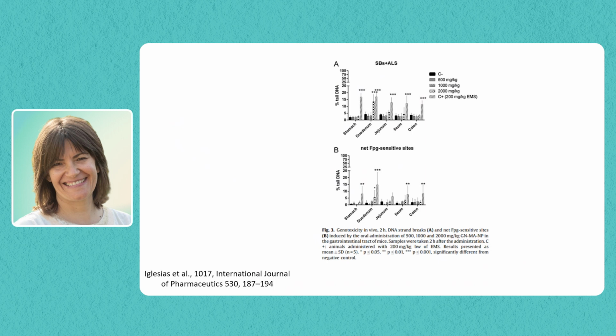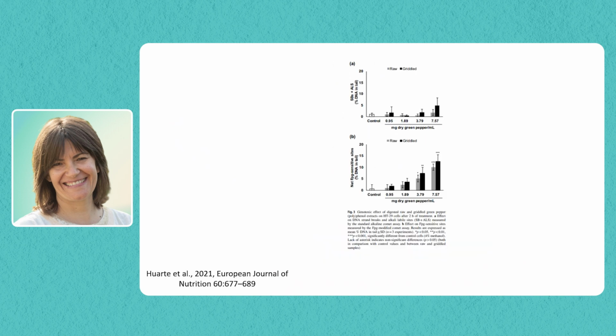In the duodenum we have more than in the control, and in the rest it is the same. The error bars are different animals. In the case of the Comet Assay, you always use 5 animals.